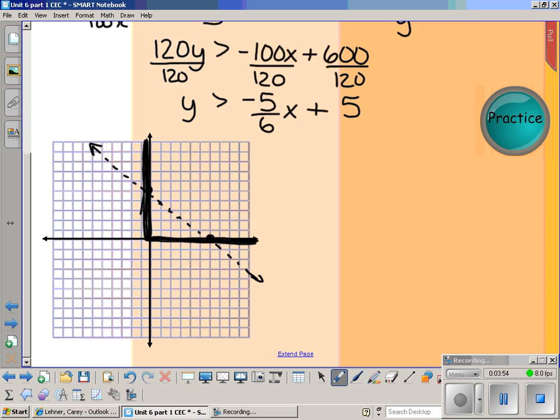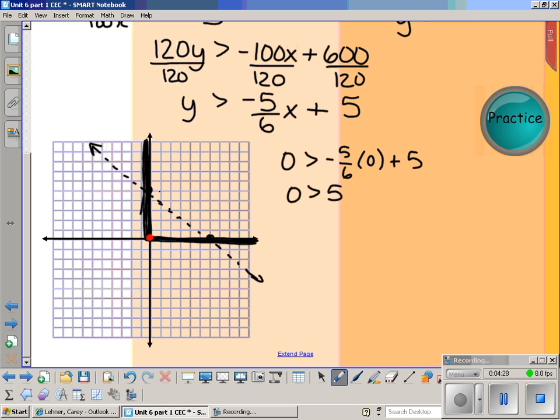So we'll check a test point. We can check 0, 0 because both of those are whole numbers and they are still in the region that we need to consider. Plugging 0 into both, we get 0 greater than 5. That is not a true statement, so we are not going to be shading below the line. We are going to be shading above.